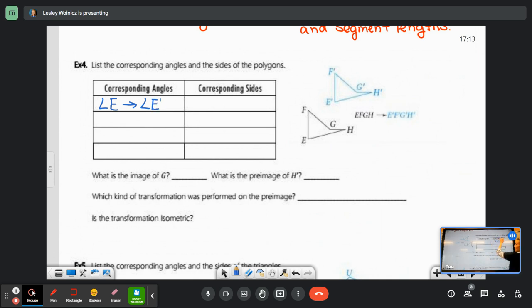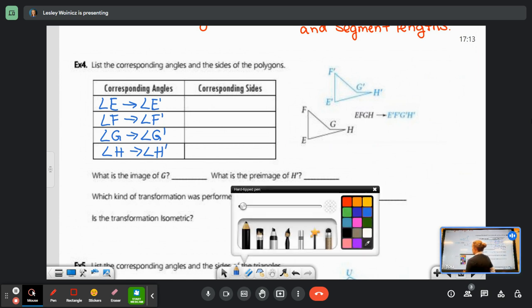We also know then that angle F will map to angle F prime, angle G must map to angle G prime, and angle H will map to angle H prime.